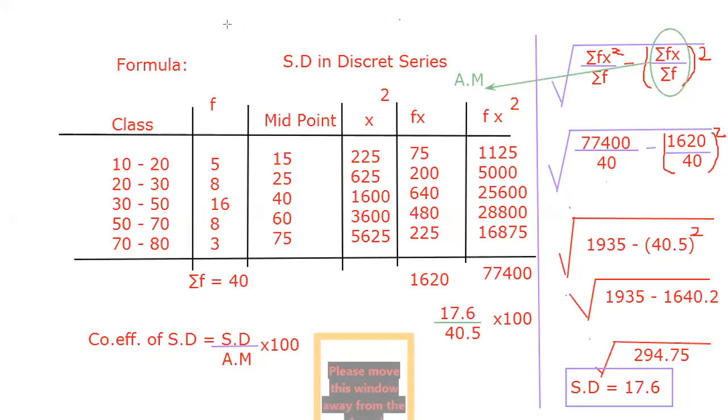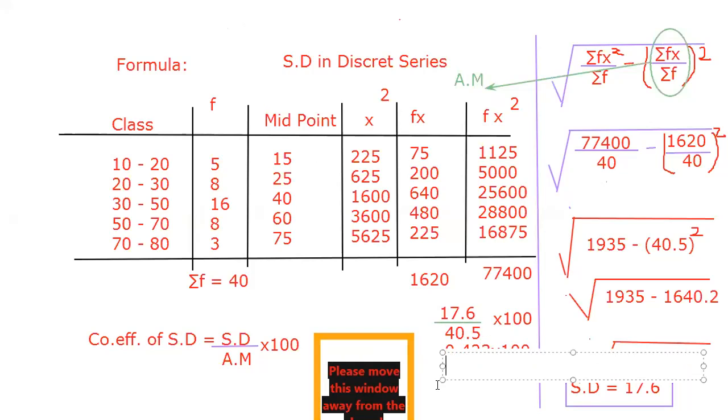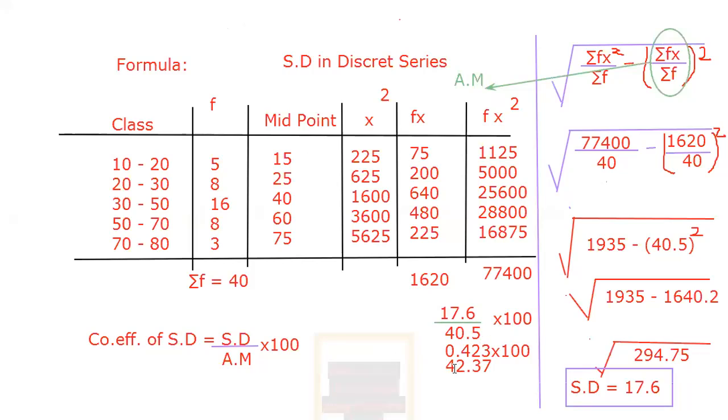That is 0.423 into 100. So the coefficient of standard deviation is equal to 42.37. So this is the coefficient of standard deviation.